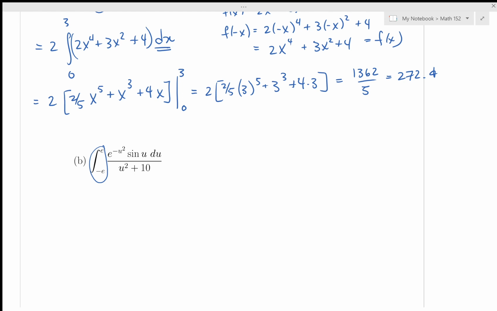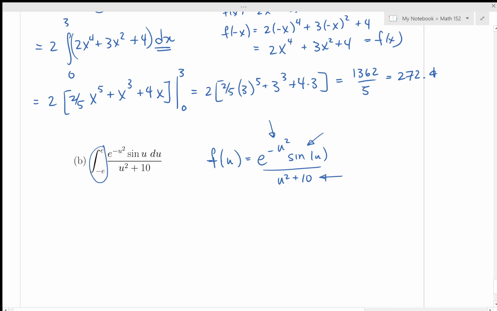Is it even or is it odd? So let me just take a look then at the function. It's f of u is e to the minus u squared sine u over u squared plus 10. So some portions of it are even and some portions of it are odd. So this sine function is odd. This function here is even and this function is even. So I may know how to combine that or not.